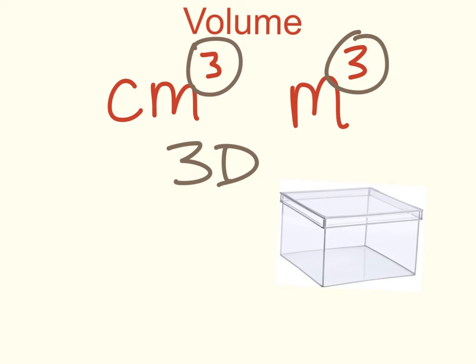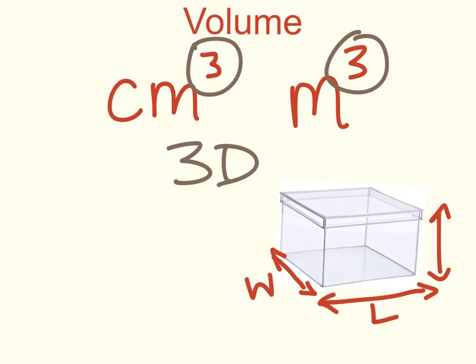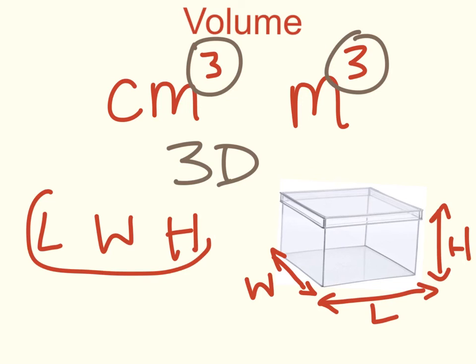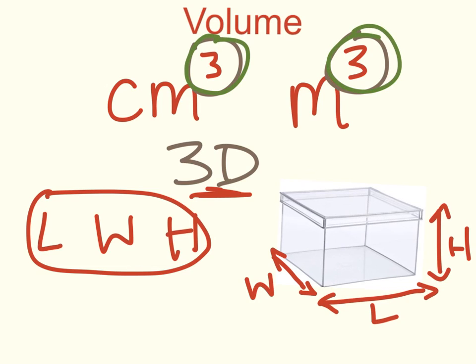This box has a length, it has a width, how wide it is, and it also has a height, how tall it is. So it has a length, a width, and a height. And that's why those 3 dimensions make us put this cubed symbol up here. So when we write centimeters cubed or meters cubed, it's because there are 3 dimensions that we're learning about.